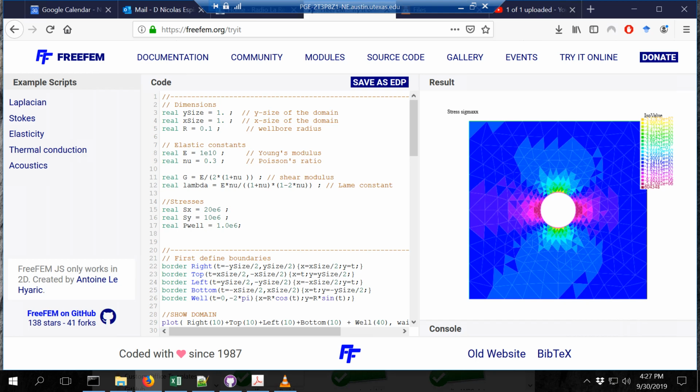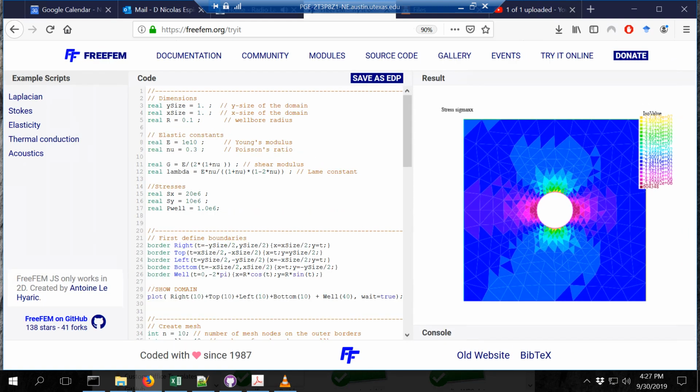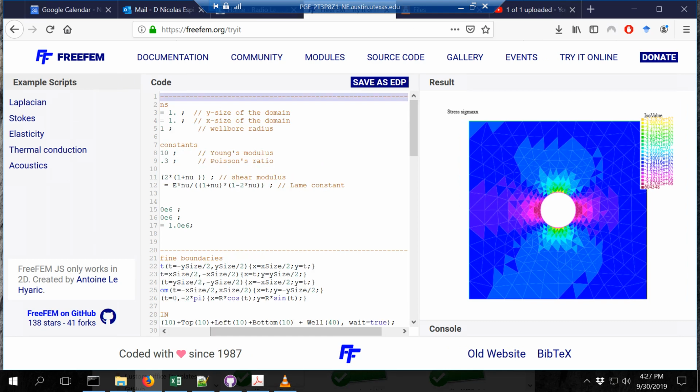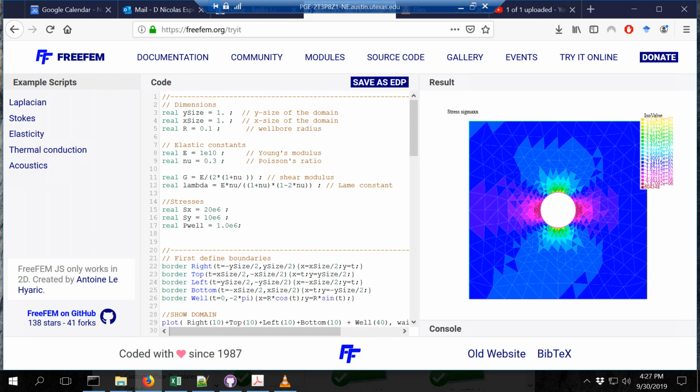The first thing: in order to make a comment, you use the double backslash, and whatever you put after that is a comment. Here, I just added a line to separate the sections.